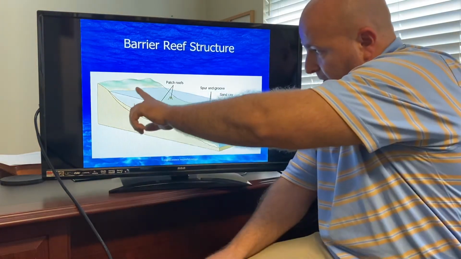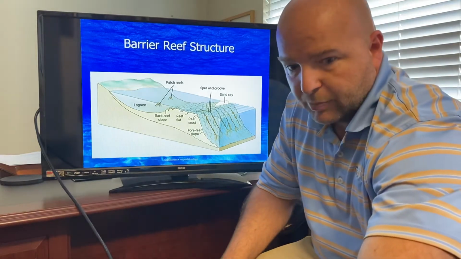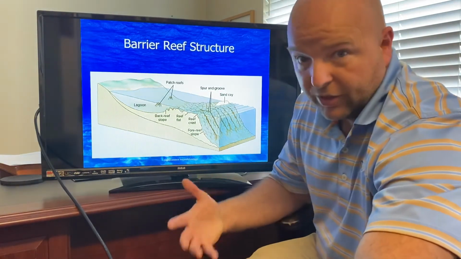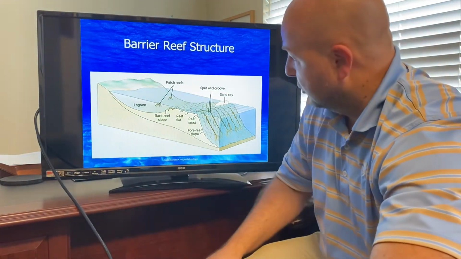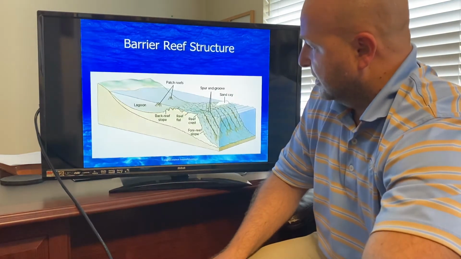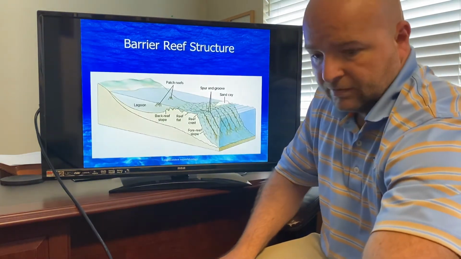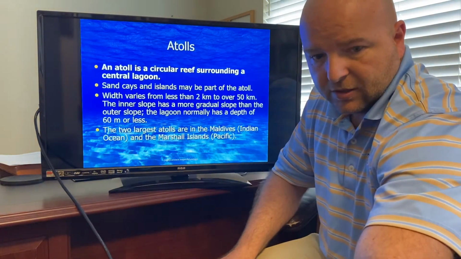You see your shoreline here, your reef here, with a lagoon between the two, referred to as a barrier reef for the barrier that it creates. Storms and waves and tides come in. The Great Barrier Reef is a classic example of that.